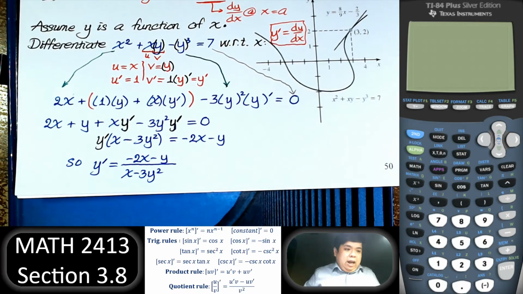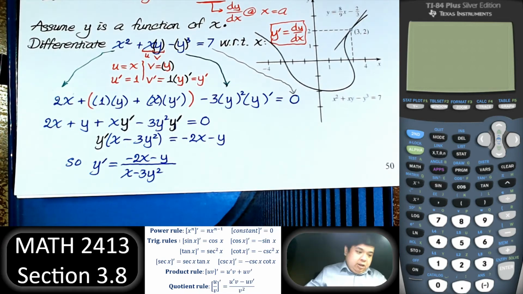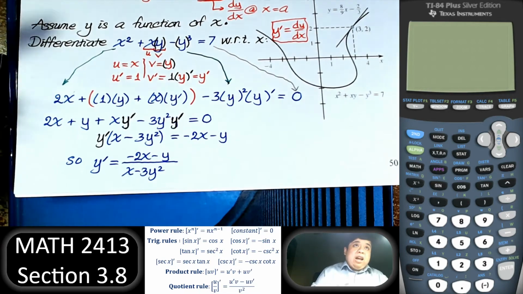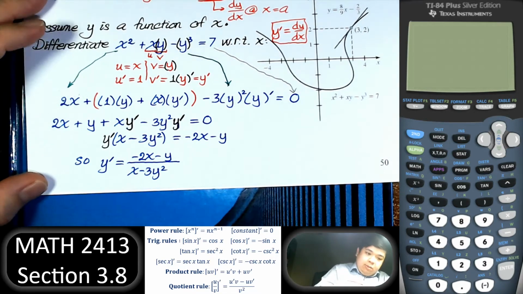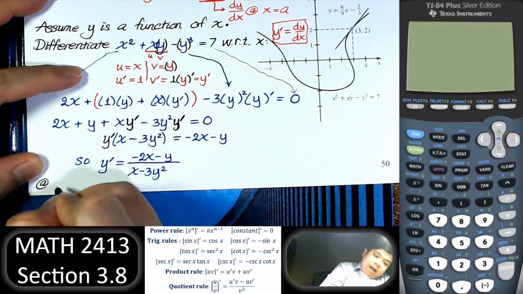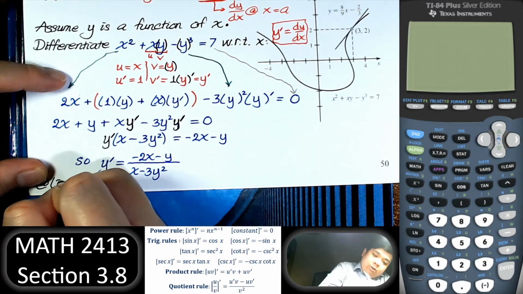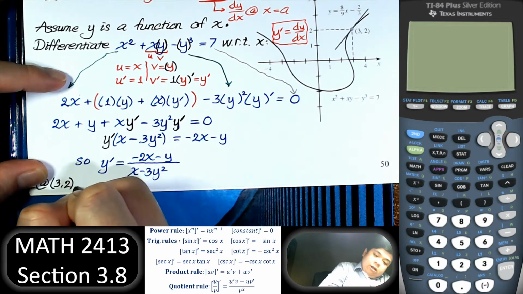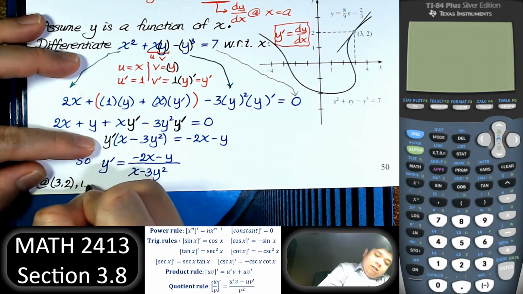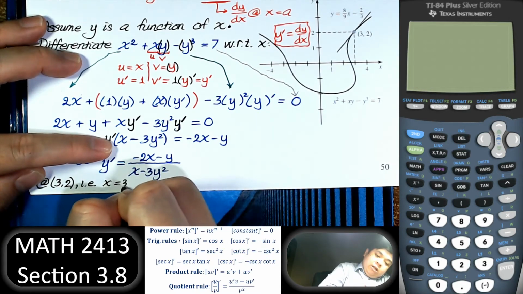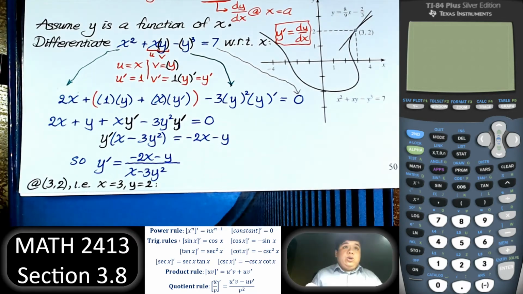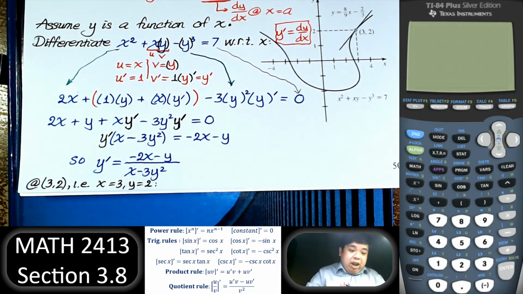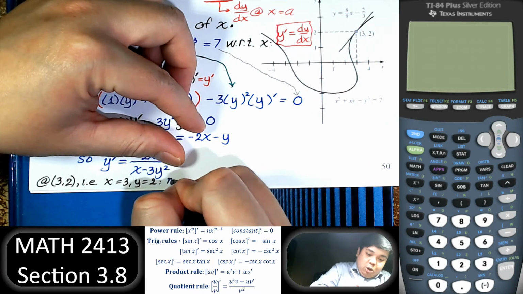Right. And then at 3 and 2, meaning that x is 3 and y is 2, when we substitute 3 in for x and 2 in for y, we have the slope of the tangent line.